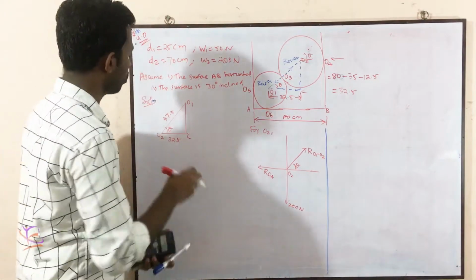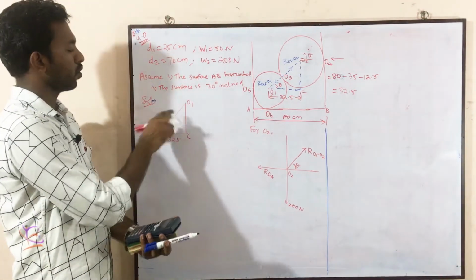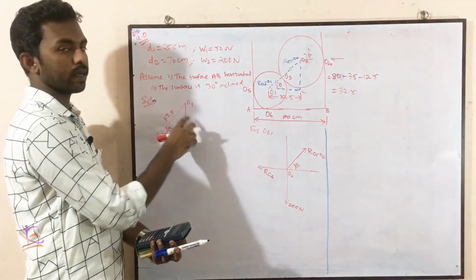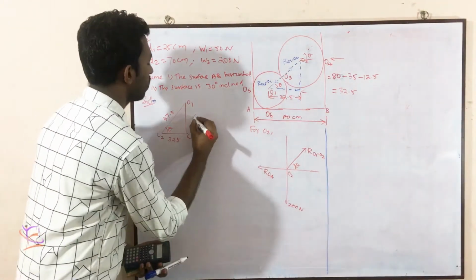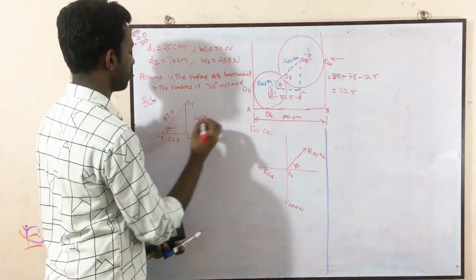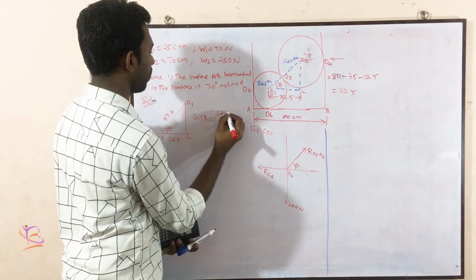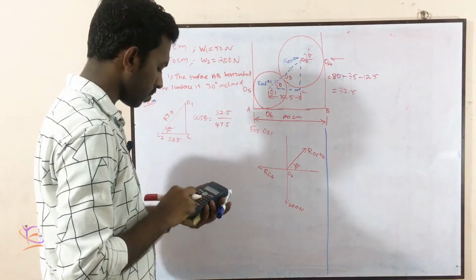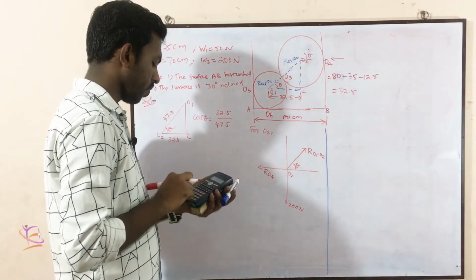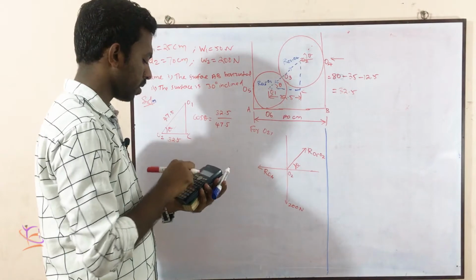Now you know the value of the adjacent side. You know the value of the hypotenuse. The opposite side is not known. So with adjacent and hypotenuse, you know that cos theta is equal to adjacent by hypotenuse. So 32.5 divided by 47.5 is equal to 0 and something.